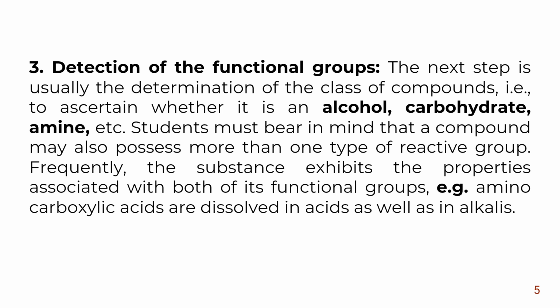The next step is usually the determination of the class of compounds, i.e., to ascertain whether it is an alcohol, carbohydrate, amine, etc. Students must bear in mind that a compound may also possess more than one type of reactive group. Frequently, the substance exhibits the properties associated with both of its functional groups, e.g., amino-carboxylic acids are dissolved in acids as well as in alkalis.